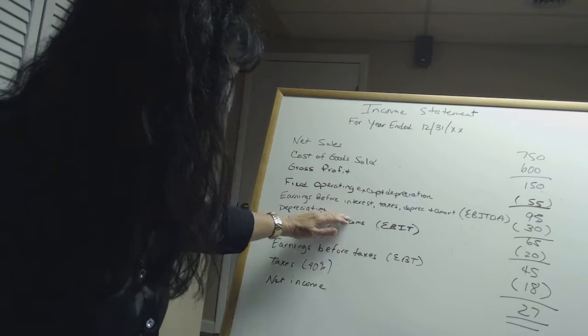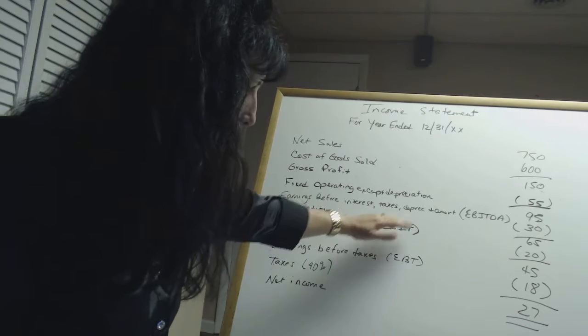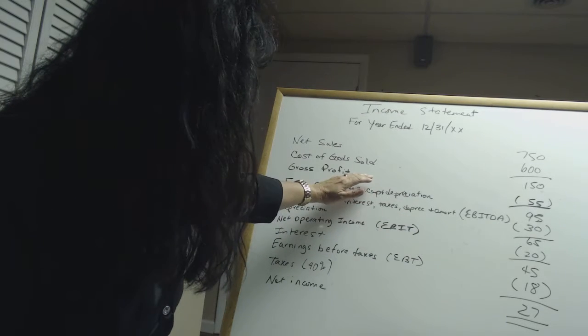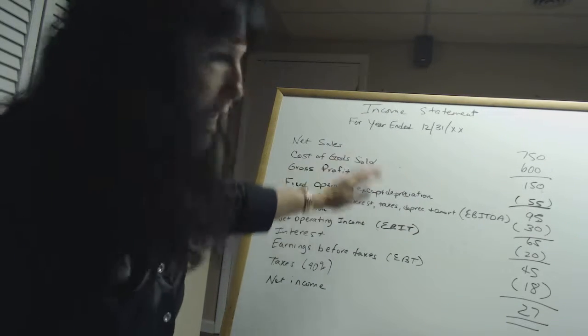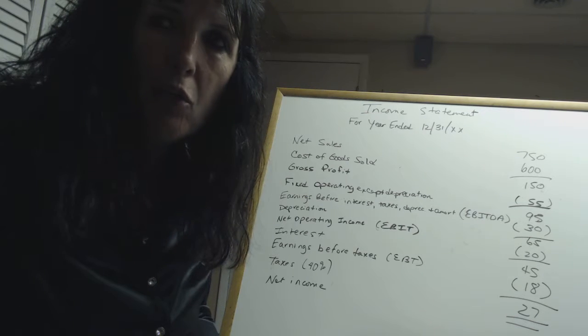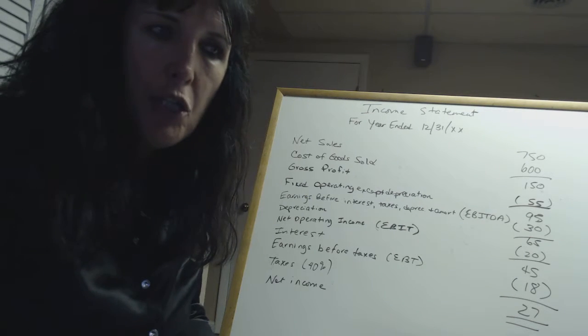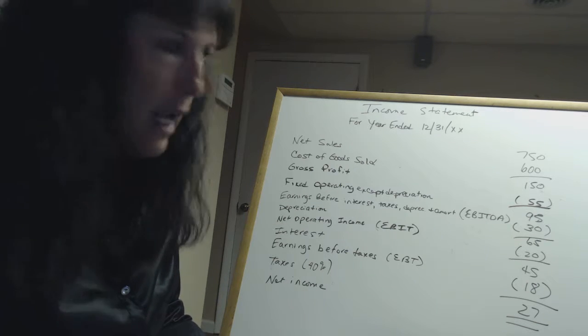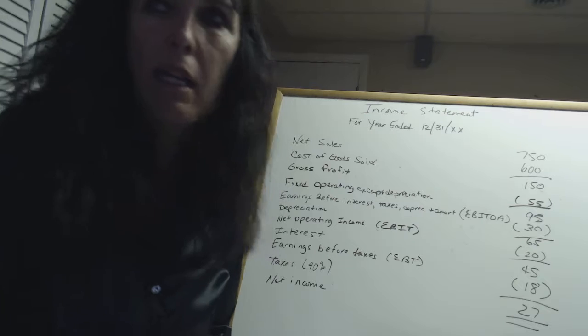And then if we could calculate the depreciation, we could add that to EBIT in order to get EBITDA. If we knew what the gross profit was and the net sales, we could calculate the cost of goods sold. So we're going to learn how to manipulate these numbers so that we can calculate the missing elements. So that's the basic income statement.